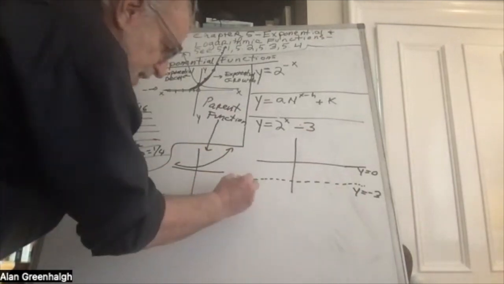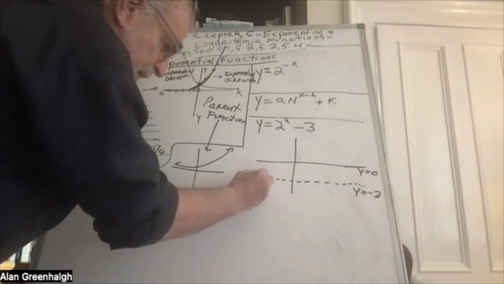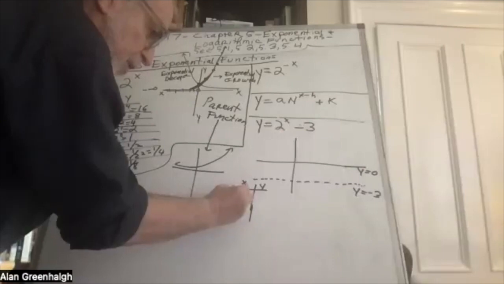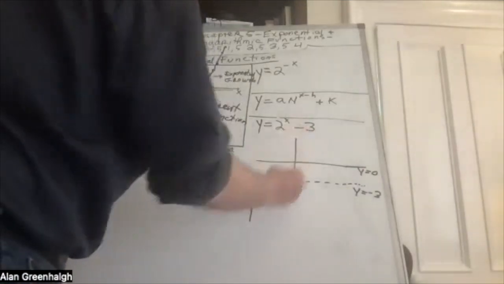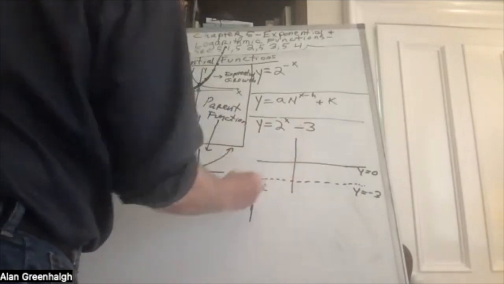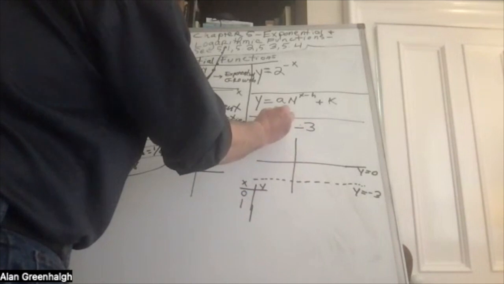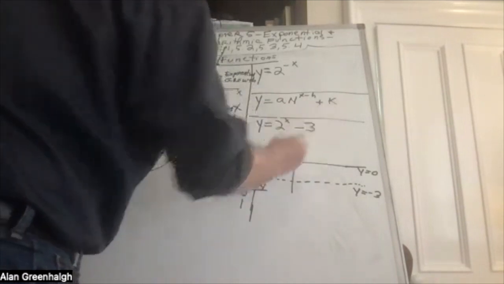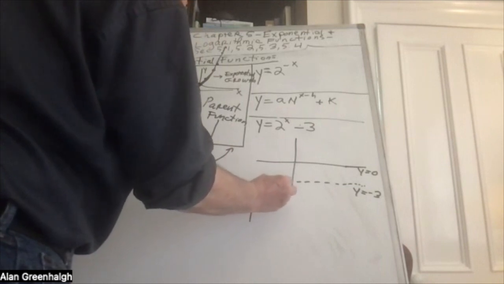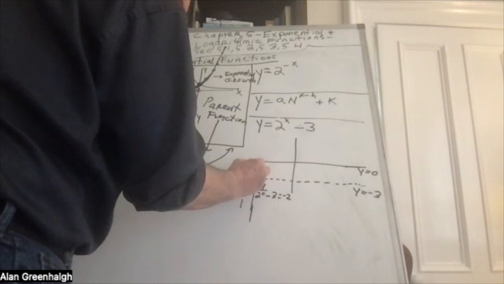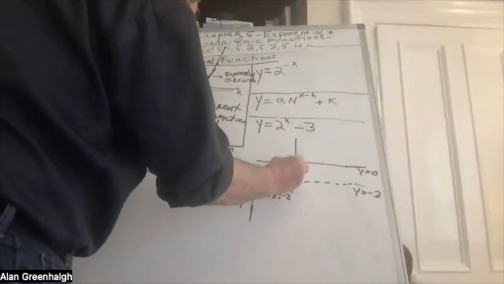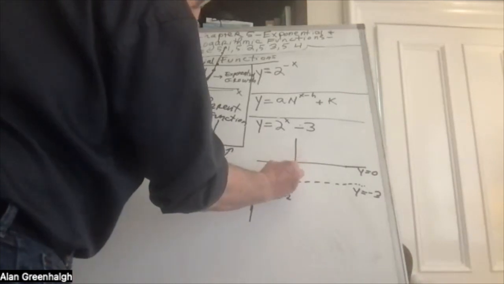Let's see what this looks like. So let's again take values of x and y. Let's use 0 and 1, because we're still using the y-axis here. So when x is equal to 0, 2 to the 0 is 1, minus 3 is -2. So it's always going to come up like this. But at -2, it's going to make its crossover.